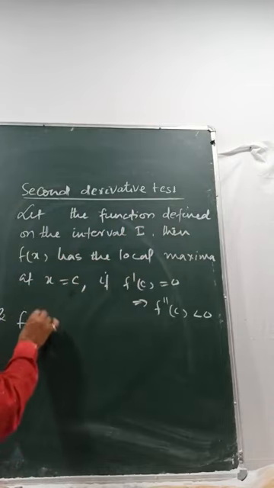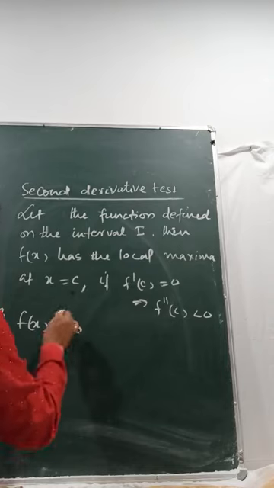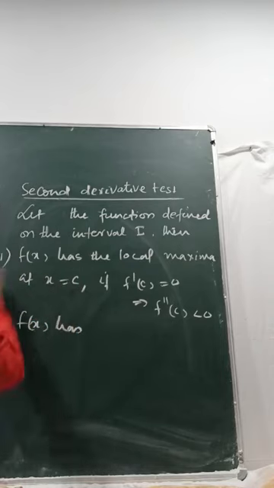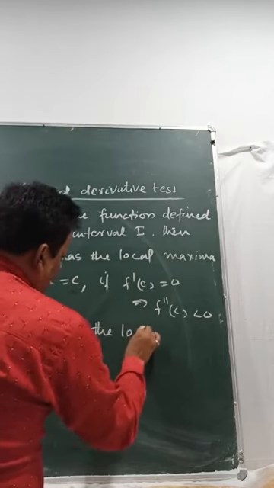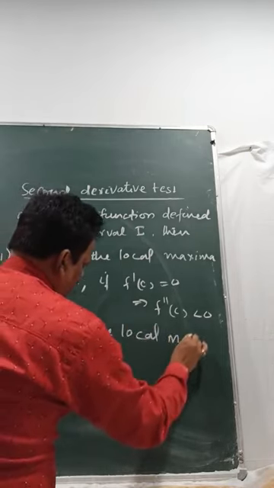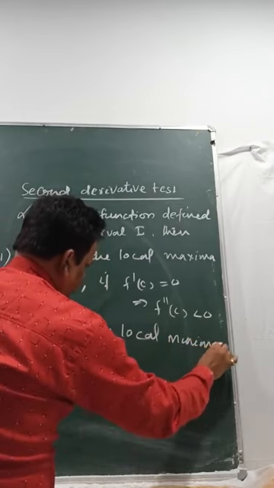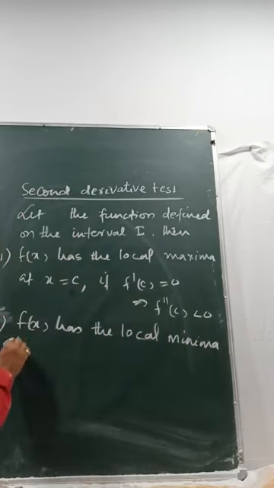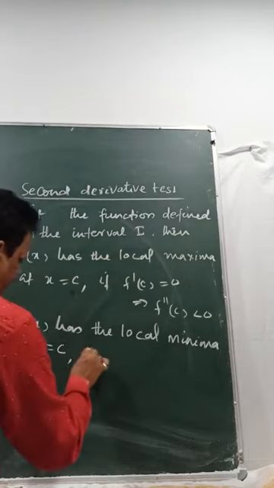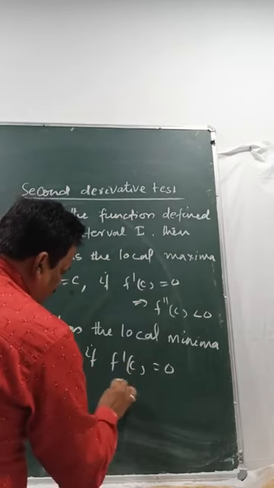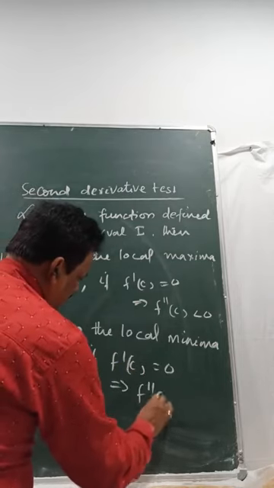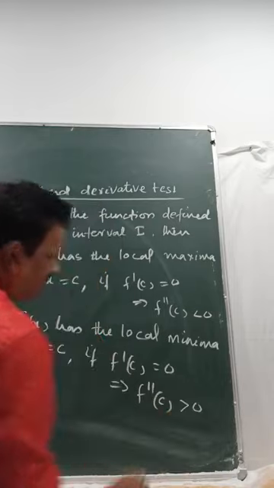Similarly, this is our first point. Then the second point: f(x) has a local minima at x equals c if f dash c equals 0 implies the second derivative at that point is greater than 0.